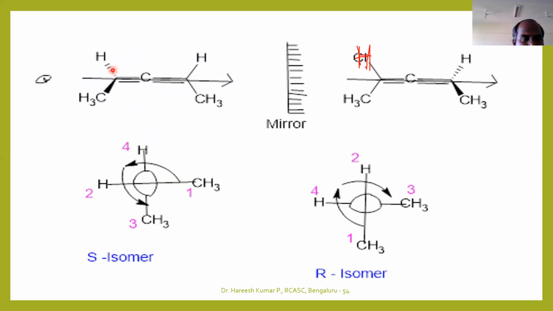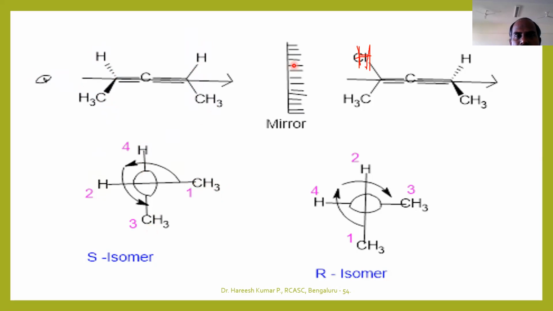Since this is a horizontal one, this is the vertical one. When I am viewing from this side, this is coming on the left hand side. That is the reason this H, and this is coming on the right hand side. And these are the vertical groups. H is above, CH3 is below.